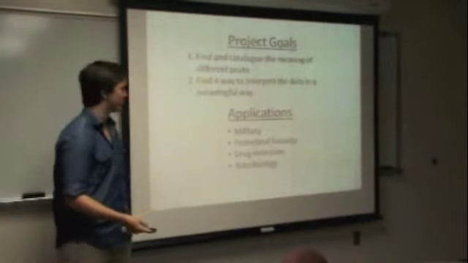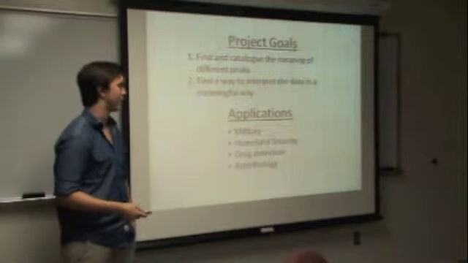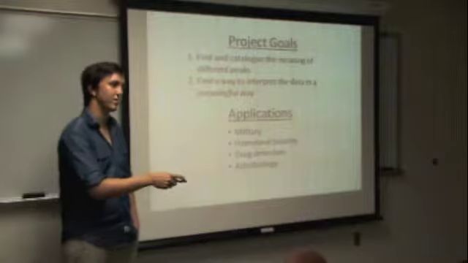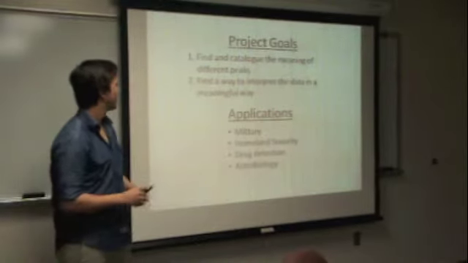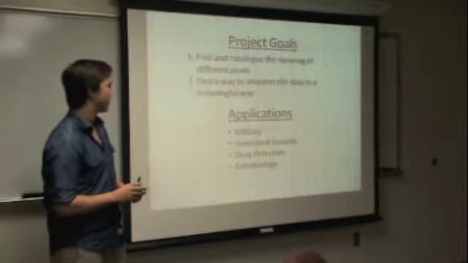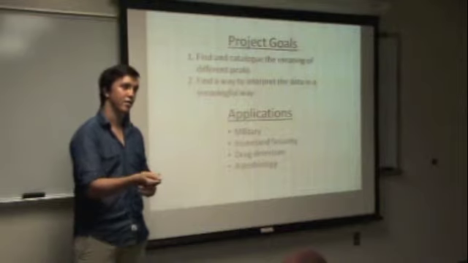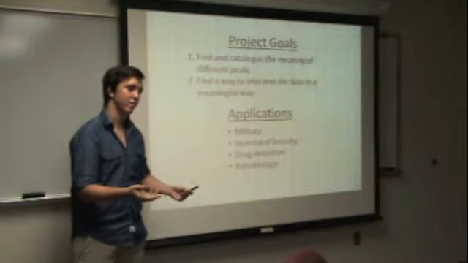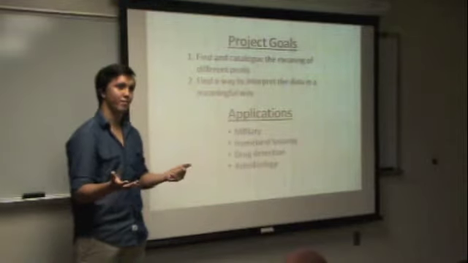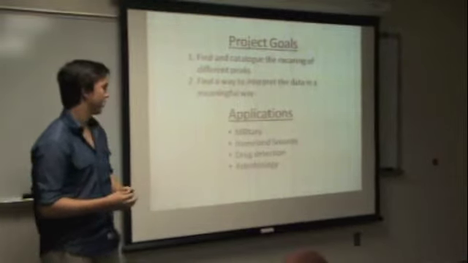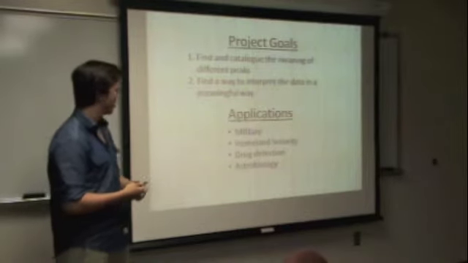So what are my goals for the rest of the REU? One of them is to find and catalog the meaning of all these different peaks, and actually be able to look at a graph and say, oh, this means that this substance is in this sample. And applications: part of the reason we're using ammonium nitrate is that it's for military applications. If you shine a laser at something like a liquid that came in contact with explosive ammonium nitrate, just finding a trace of ammonium nitrate means there are explosives on it.